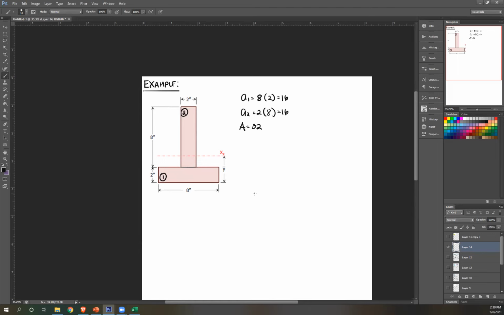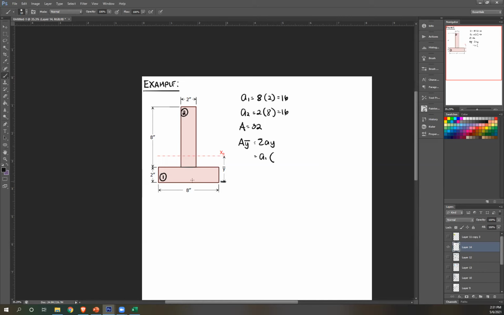Okay, and then from that I can solve for either x bar or y bar. Now we want to solve for y bar because that dictates our distances from the centroidal x-axis. Okay, A y bar equals summation of A y. Okay, let's start. A1.